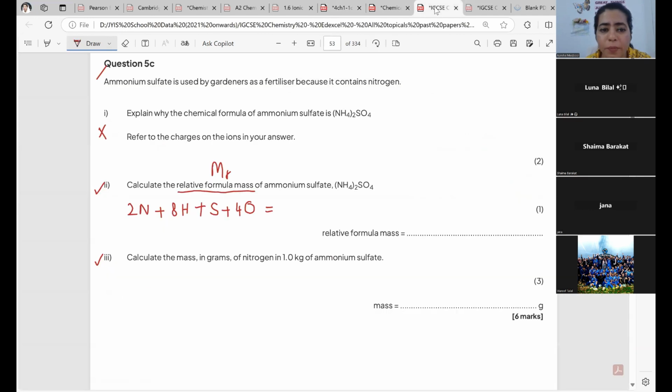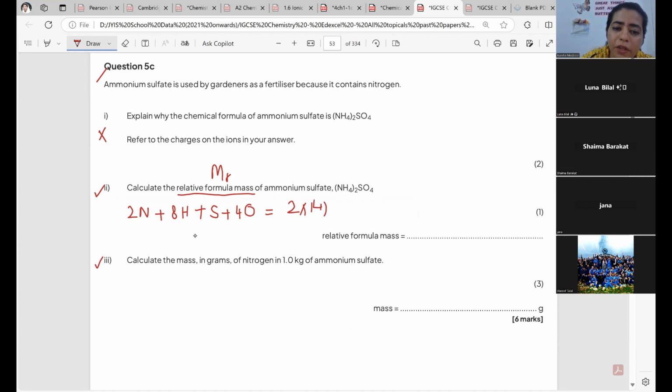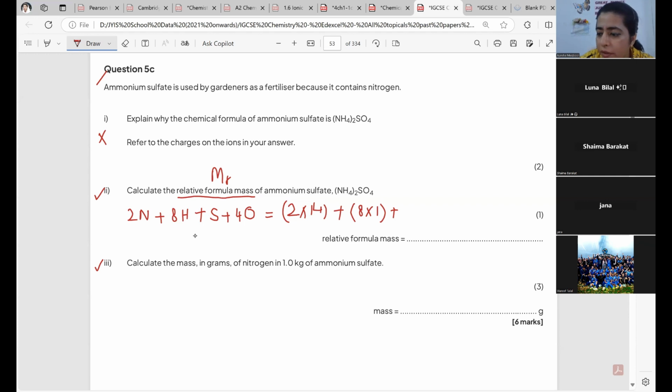So now come back to the paper. 2 times nitrogen: 2 times 14, plus hydrogen, which is 8 multiplied by 1. Right. Sulfur? 1 multiplied by 32.